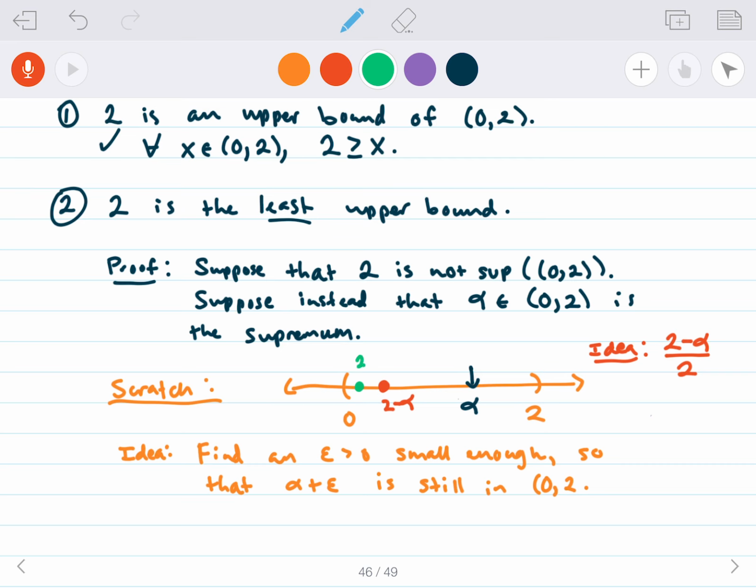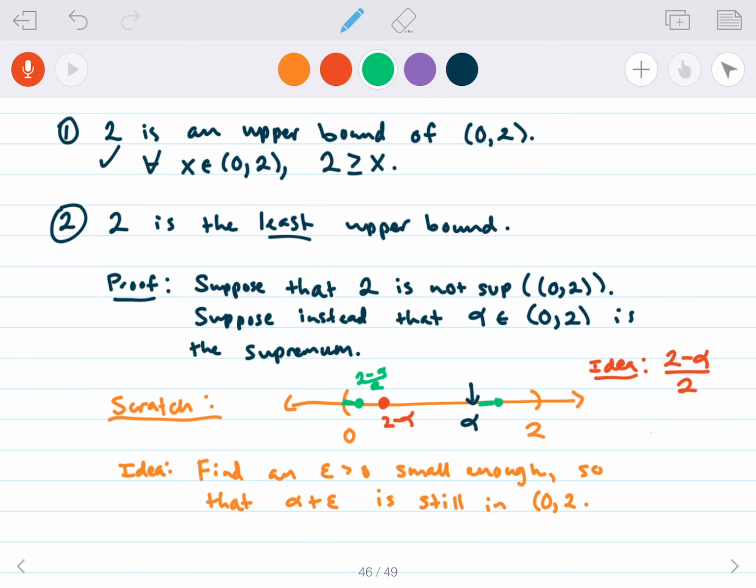So this is 2 minus alpha over 2. And so the idea here is to make this 2 minus alpha over 2 my epsilon and show that when I add 2 minus alpha over 2, I'm still getting something in my set, and it's strictly larger than alpha. Okay, so that's the idea here. I just wanted to give you the intuition of where I'm getting these numbers from.